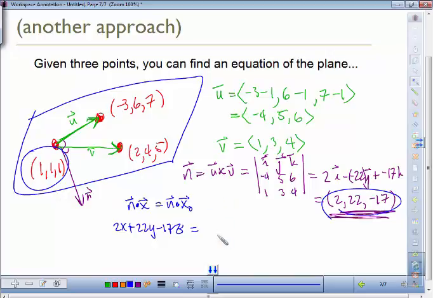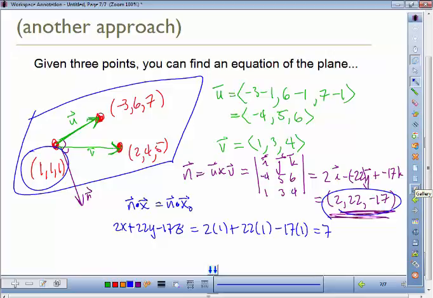So if I dot it with 1, 1, 1, I'll just say 2 times 1 plus 22 times 1 minus 17 times 1. And this is equal to 7. Okay?